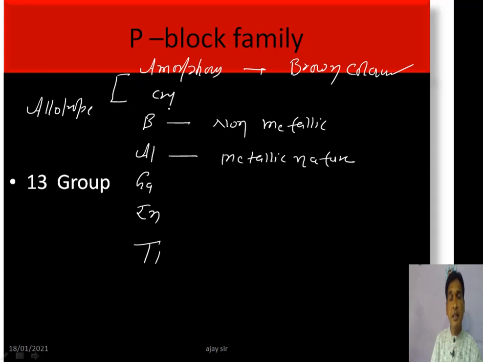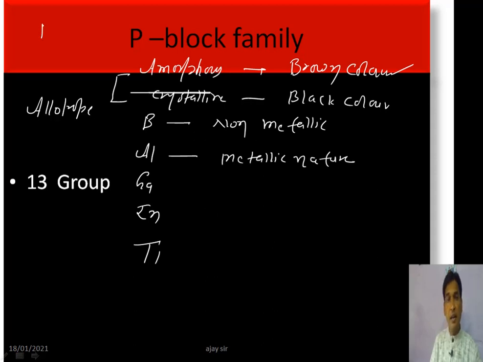The second is crystalline; the crystalline form appears black in color. The building block of boron is an icosahedral B12 unit. It has 20 faces. It is the building block of all types of boron allotropes, amorphous or crystalline.